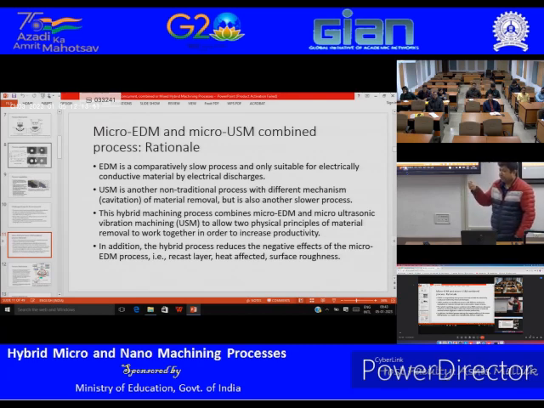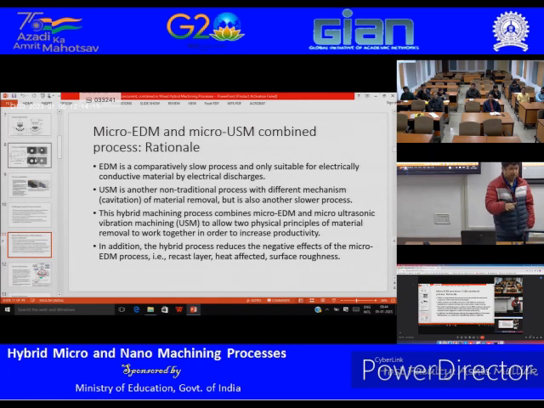On the other hand, micro ultrasonic machining uses a cavitation process, okay, to chip or crack the material from brittle material and then remove the material in that way. And also, because of the ultrasonic vibration, it works on pressure differences, okay.